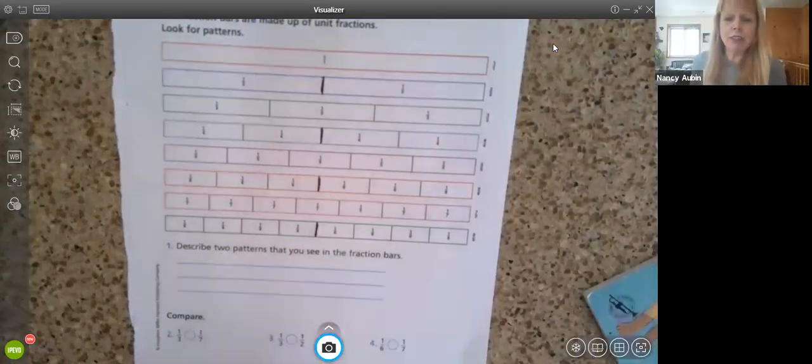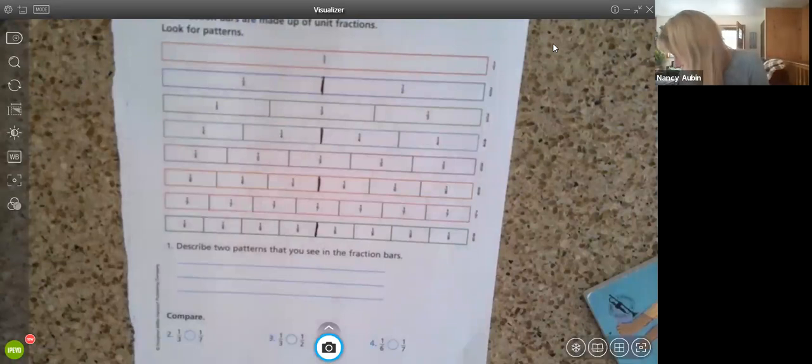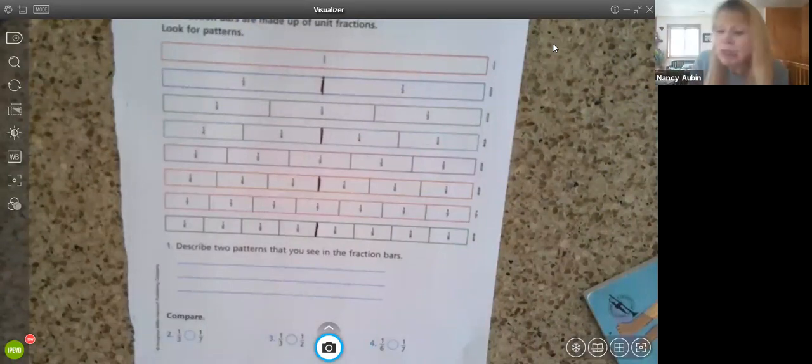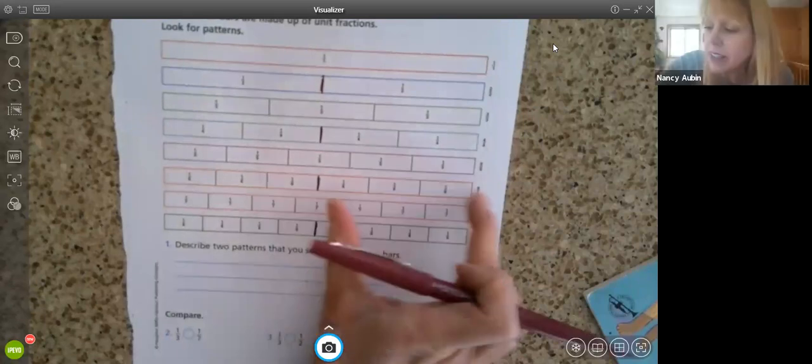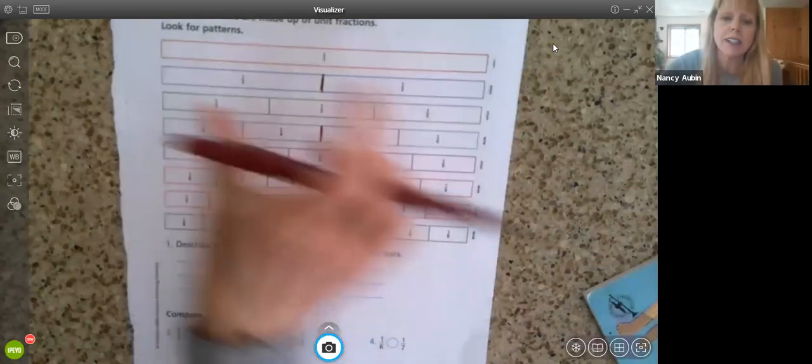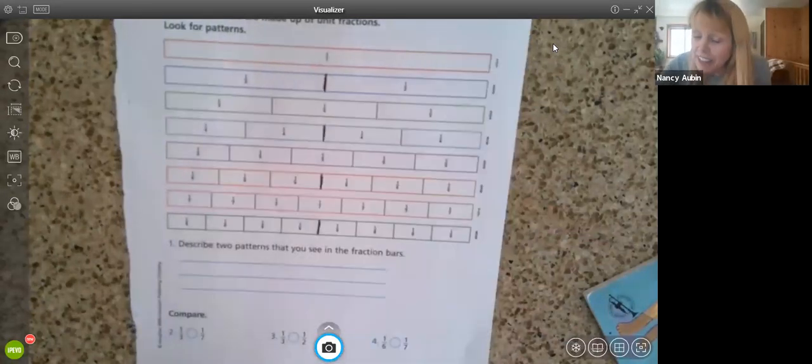So that was a great observation. Every other fraction bar can be split into 2 equal parts. Like this is an equal part, this is an equal part. This and this, this and this. But that's only every other one.